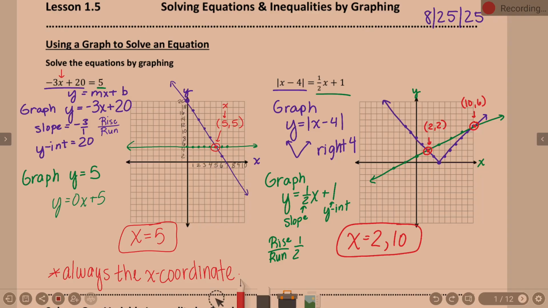Remember, we just want the x values for what we're doing today. Because what I'm trying to give you is a way, the first one not so much, but the second one, how can we solve this using graphing? That's what I'm trying to give you an option of.